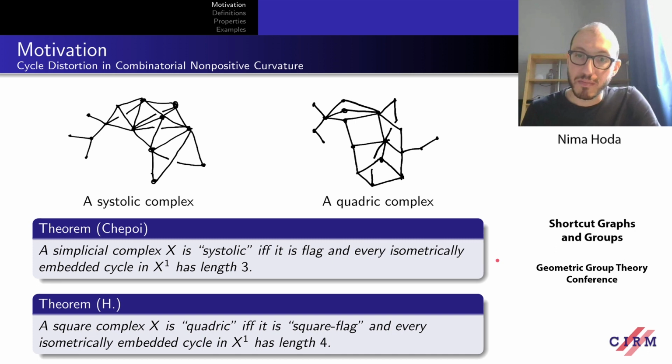So what we're being told is that the only kinds of cycles you see that are isometrically embedded are the shortest possible ones, of length 3. Since this flagness condition just tells you how to recover the higher dimensional cells, it's really this condition on cycles that characterizes the space.